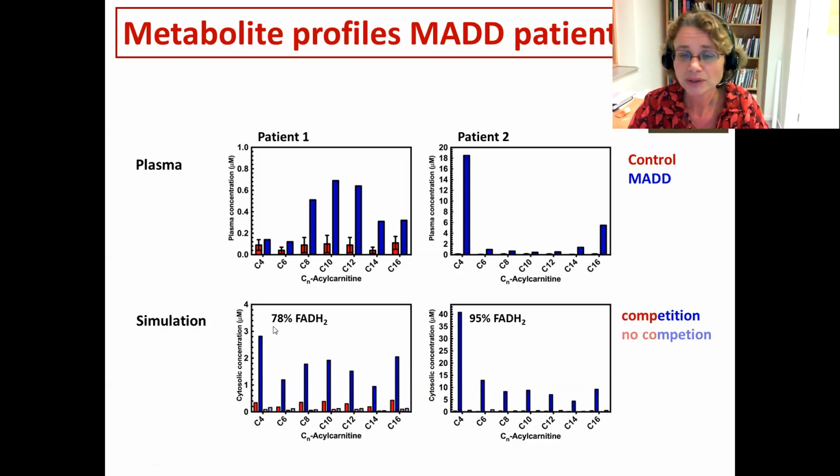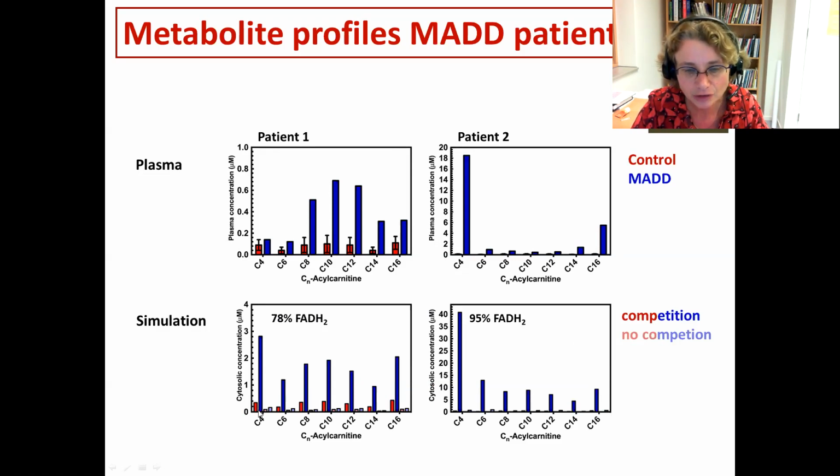And Karen modeled this just by changing the degree of reduction of this cofactor. So that way she could simulate the two different patients, which are in fact characteristics of the extremes that we see in our population. And here she had the normal model, the computational model as it should be.